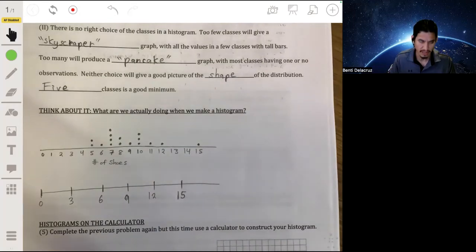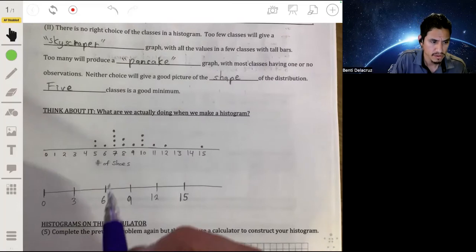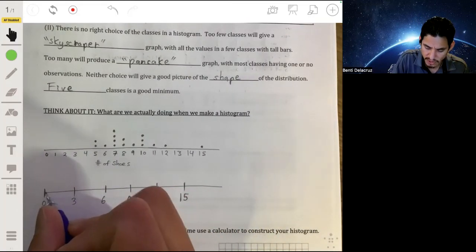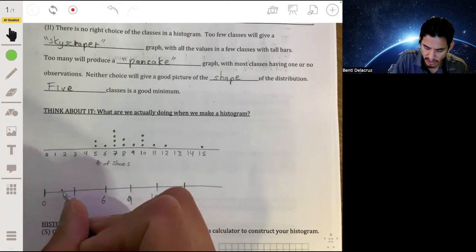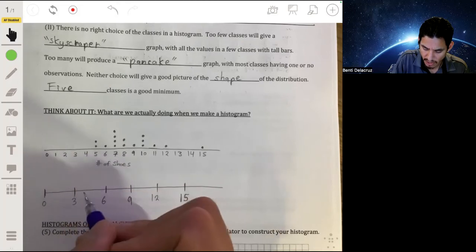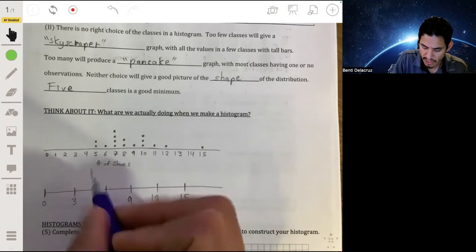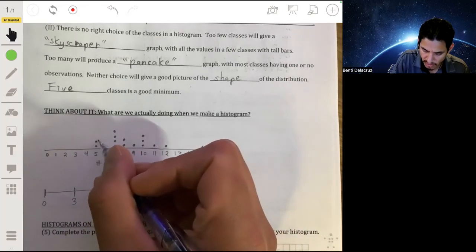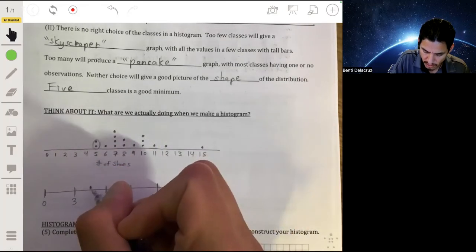So let's think about how this works. We're going to put the total number of dots that are from 0 but less than 3 in here. Here there aren't any, so we don't have to put any. Now in here we put the total number of dots that include 3, 4, and 5, but not 6. So it would basically just be these two.